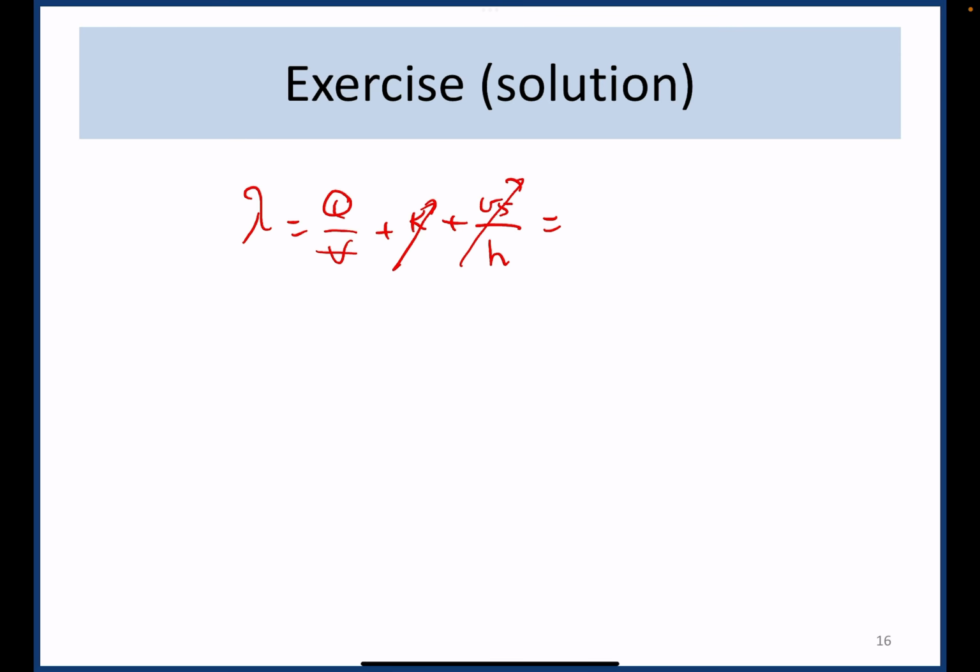Q over volume, you know the Q is given 49.1 times 10 to the 9 meter cube per year divided by the volume. Volume was given 4,880 times 10 to the 9 meter cube, and that would give you 0.01 per year.